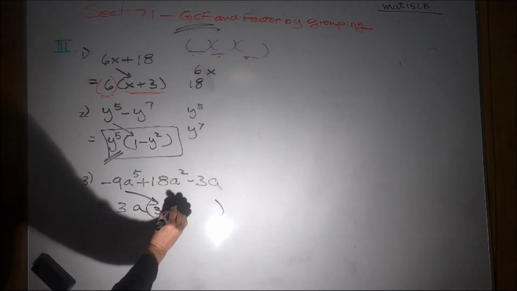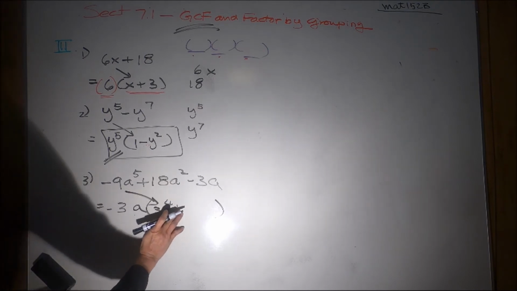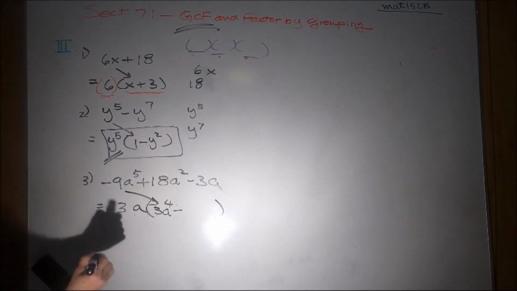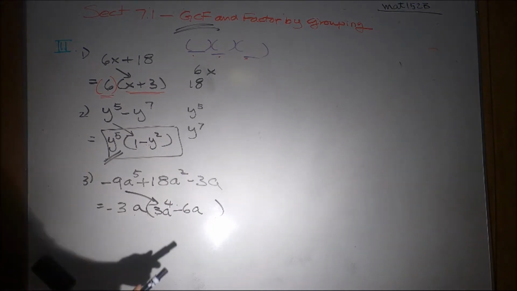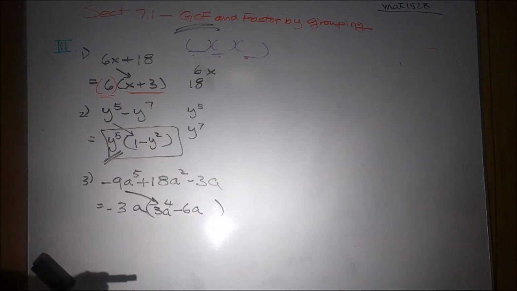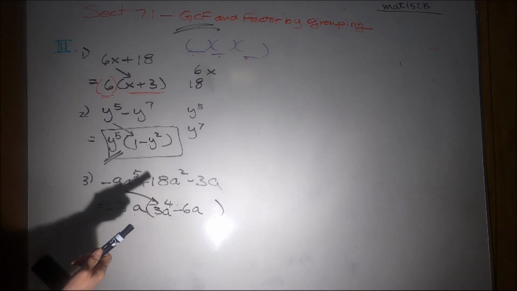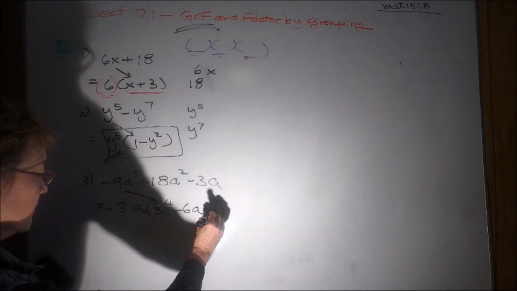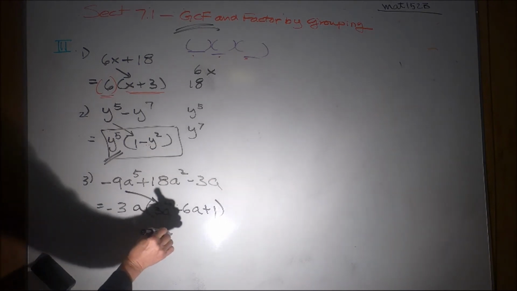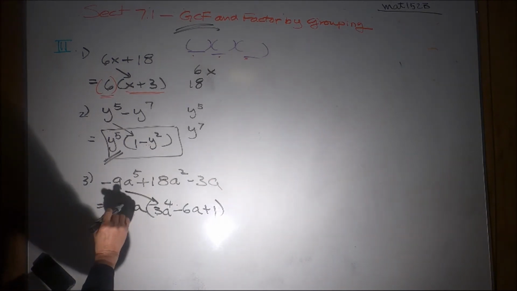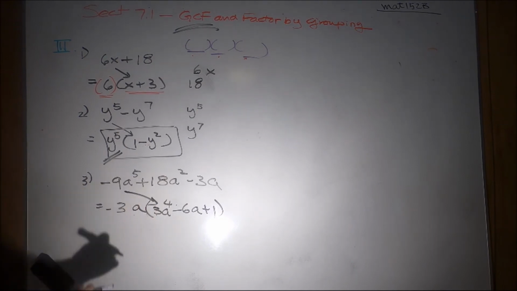Then the second one, take a 3 out, it's a negative, right? That would be 6. a squared, take an a out, you have 1 left. 3a, take a 3a out, so you only have 1 positive. So how do you know you are doing it right? You multiply back to check if it's okay.